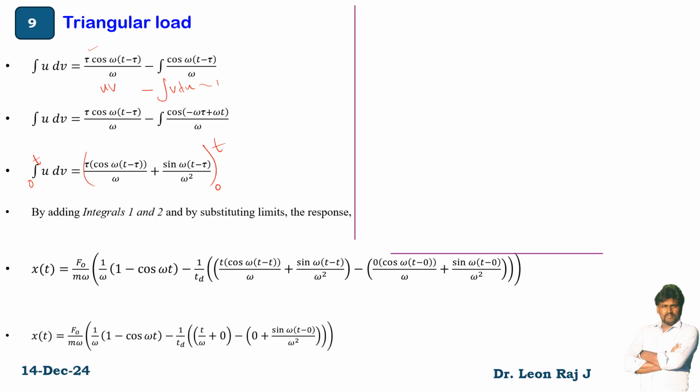So you got sin of (t minus t), which is equal to 0, and the cos omega t term is also 0. So this whole term further shrinks to, the term already solved, 1 by omega cos omega into (1 minus cos omega t).